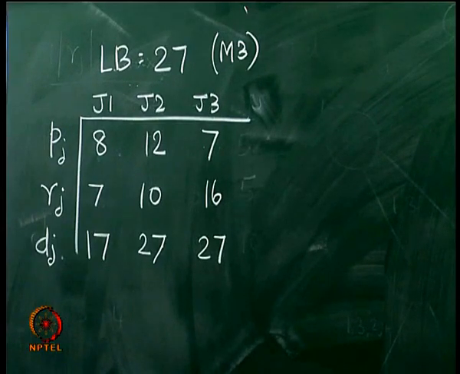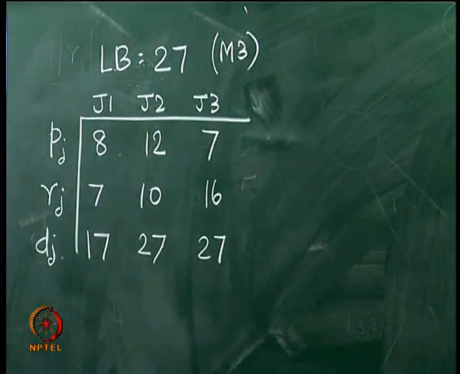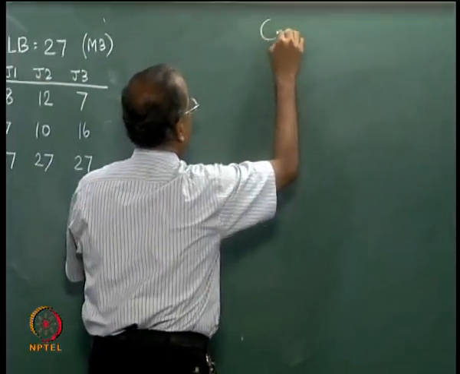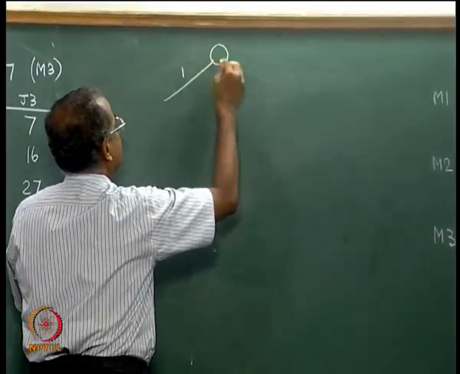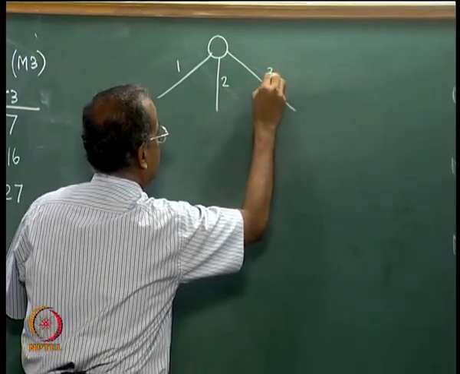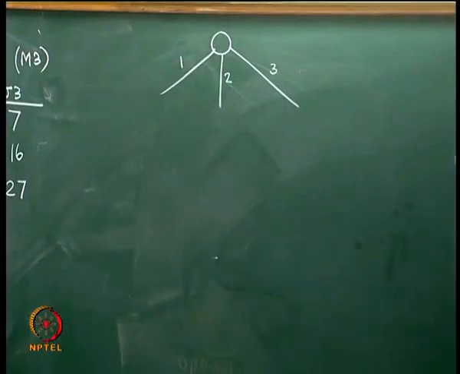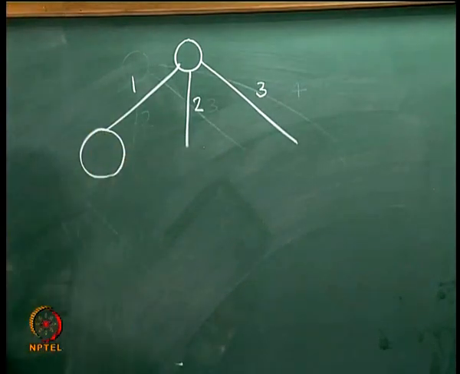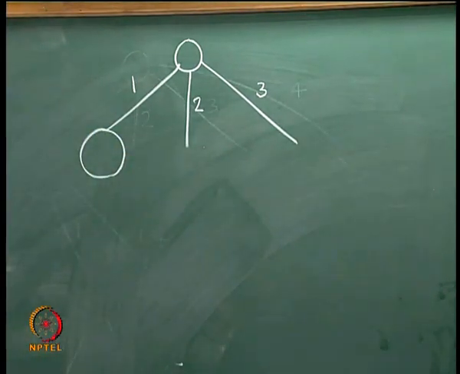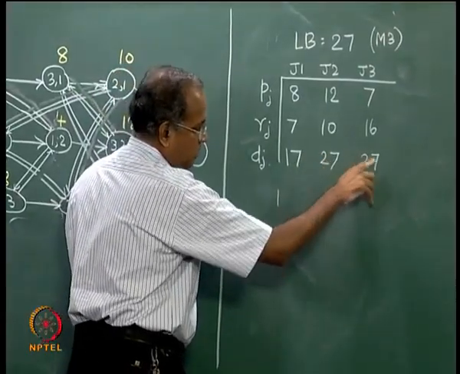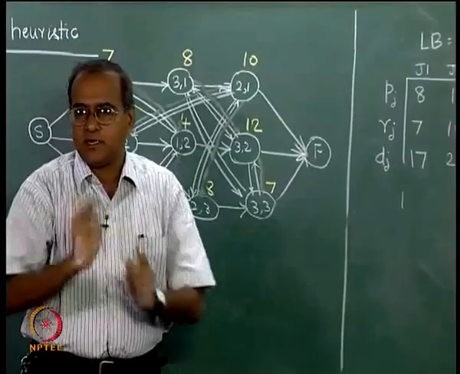So, let us show the computation of 1|rj|Lmax considering these 3 jobs on M3. So, we again start the branch and bound tree by saying job 1 is the first one, job 2 is the first one and job 3 is the first job. So, let us try and find out the Lmax for this. So, this will be 1xx, but based on due dates it can be 1 2 3 or it can be 1 3 2.